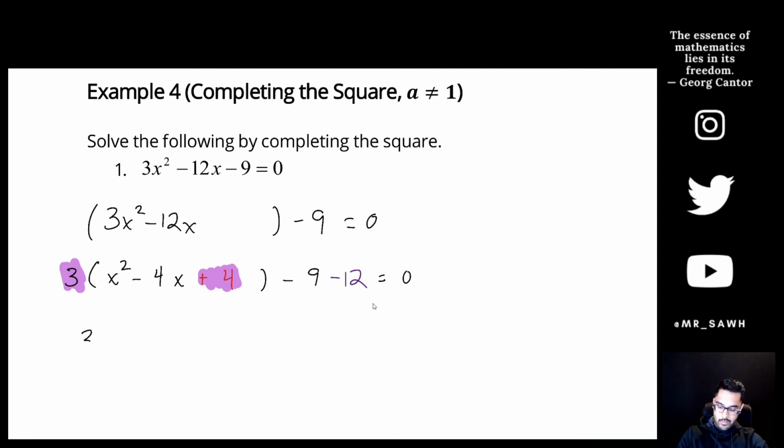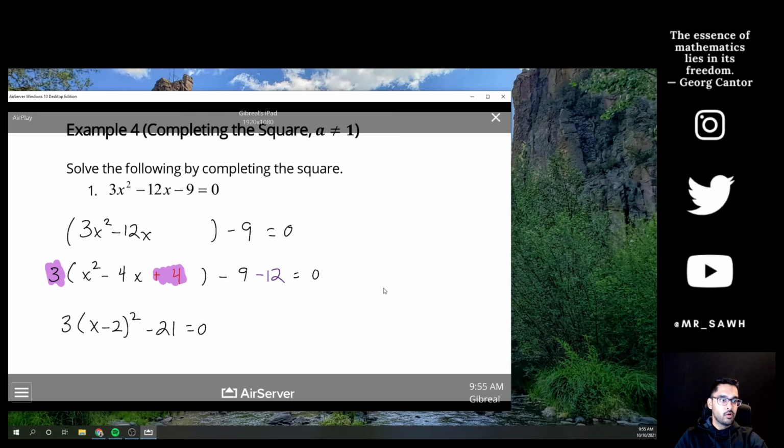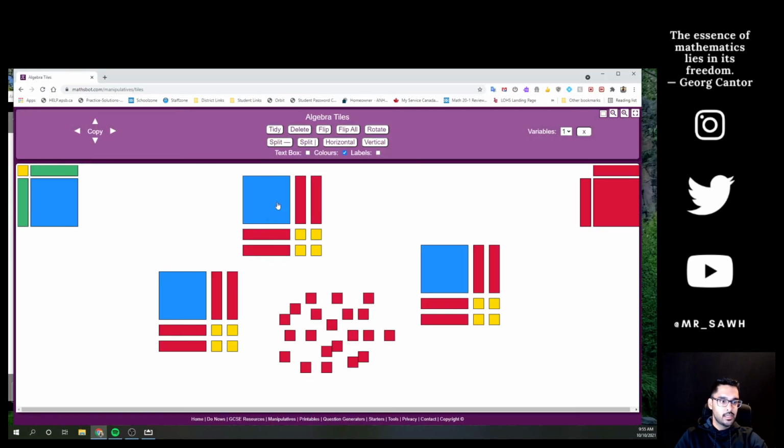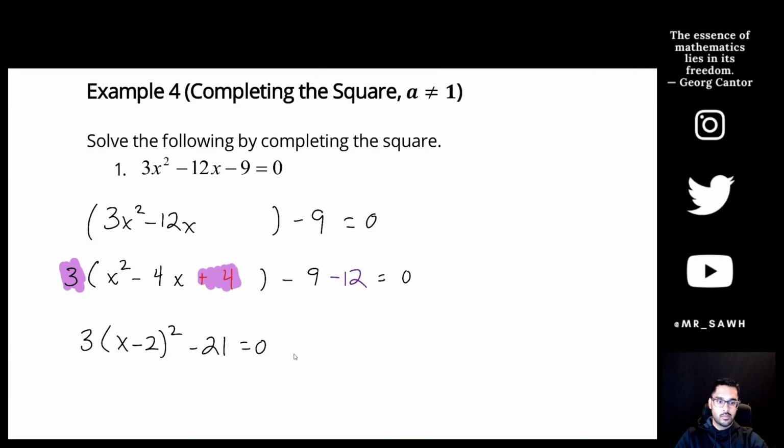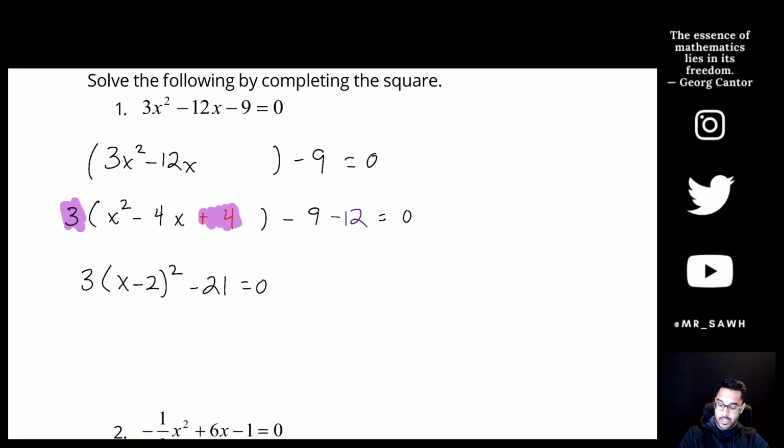So if you have it factored now, 3 times x minus 2 squared minus 21 is equal to 0. Got my factored form, which is identical to this. Right? 3 times x minus 2 squared, and then there are 21 negatives. So the same thing represented just in terms of an equation. And now I can solve this pretty easily.